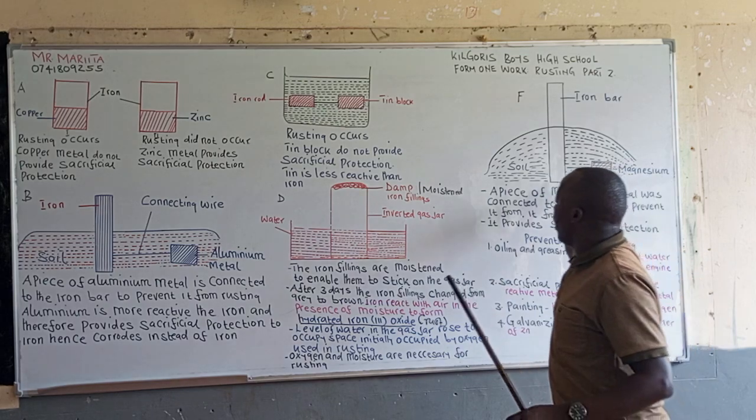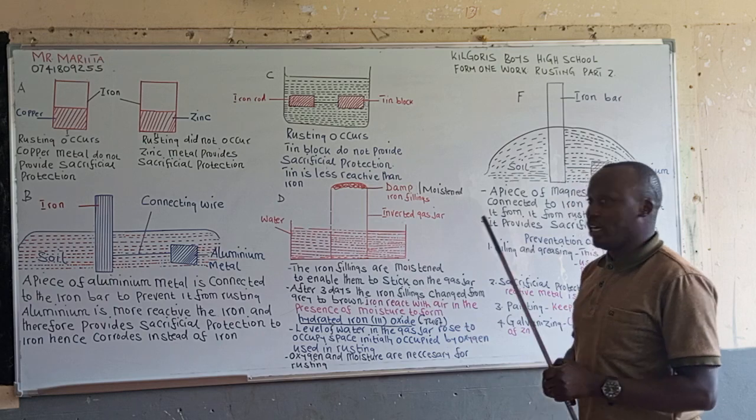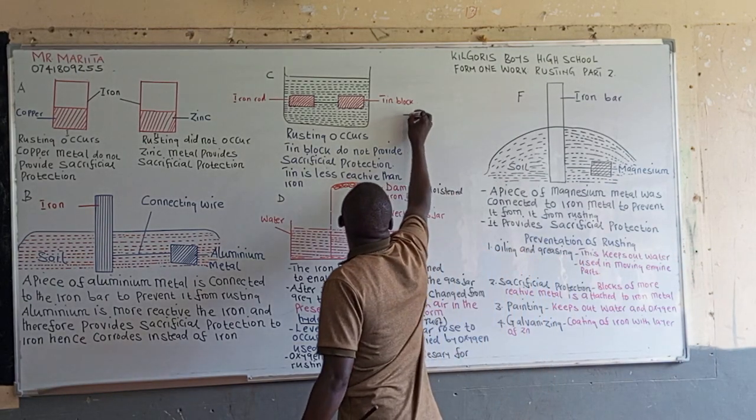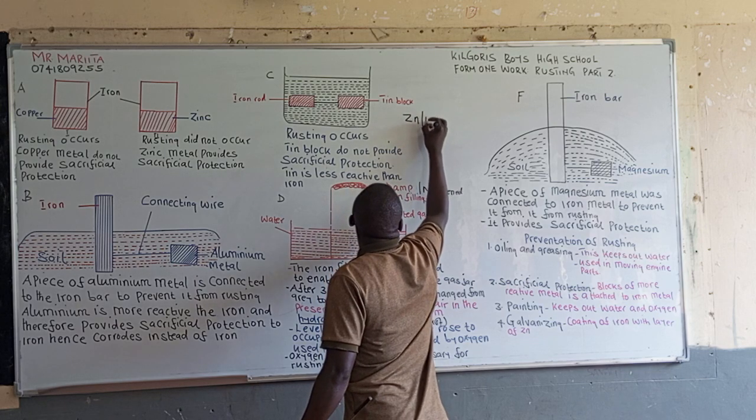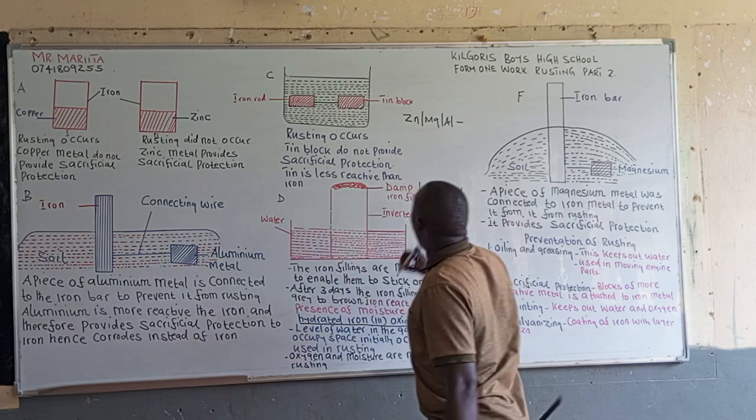So this one here is the same case as in P. From these diagrams, A, B, C, and D, you can conclude that where we have zinc metal, where we have magnesium, and where we have aluminium, there is no rusting.